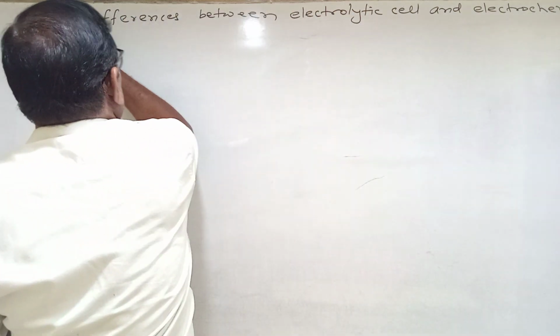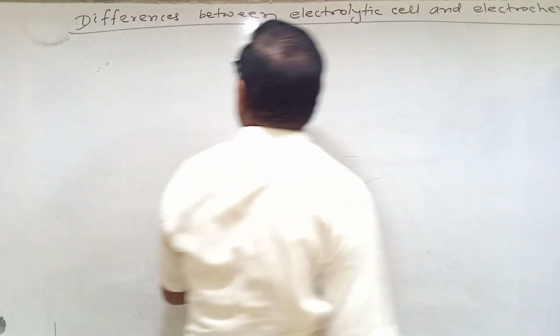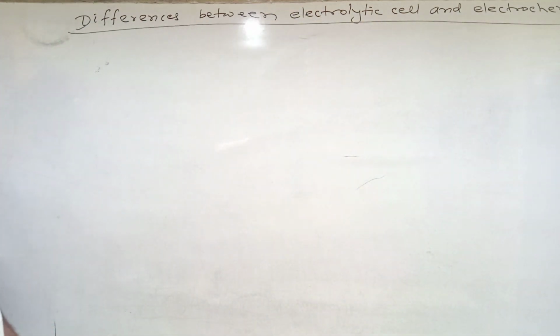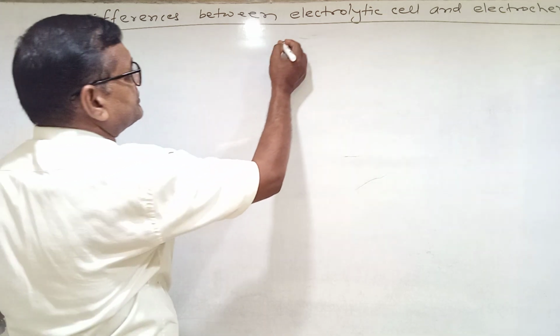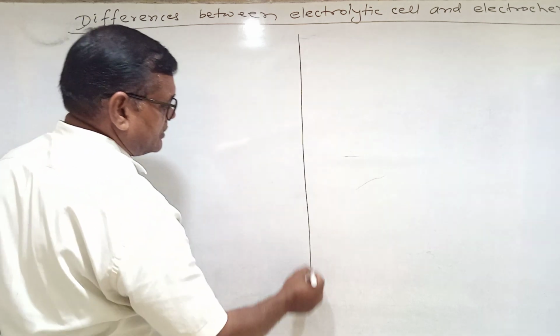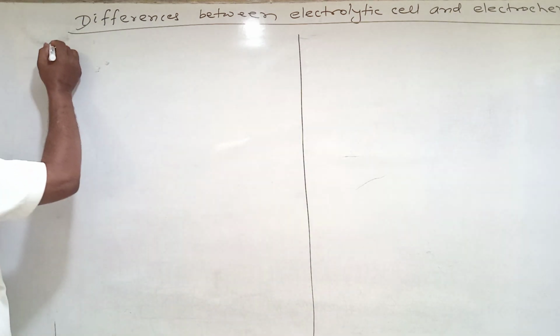We write differences between electrolytic cell and electrochemical cell. We draw a table.